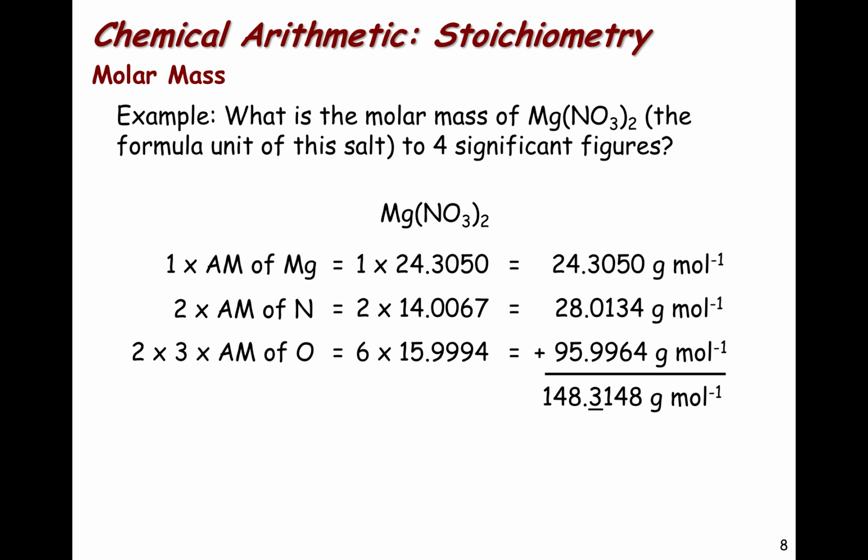So the 1, the 4, the 8, and the 3 are each significant digits, with the 3 being the least significant. The digits after the 3 are all insignificant, and since the 1 is less than 5, we will not round up the 3, and so the molar mass of magnesium nitrate is 148.3 grams per mole.